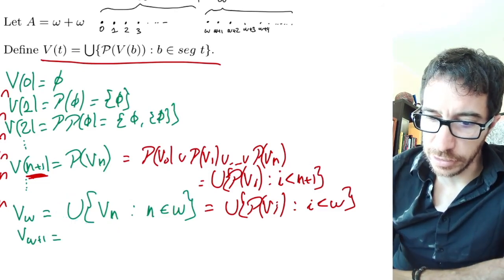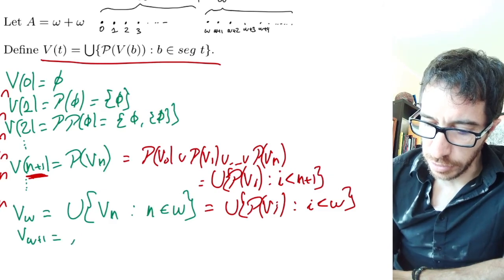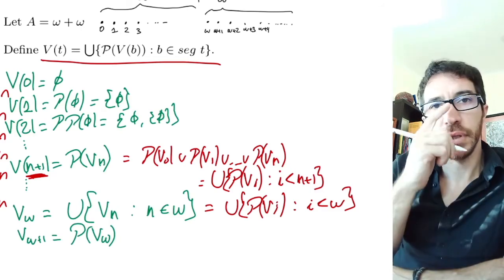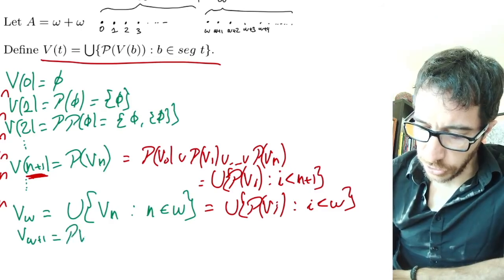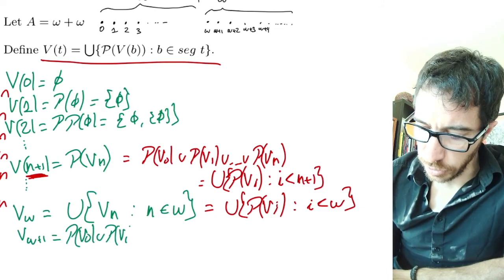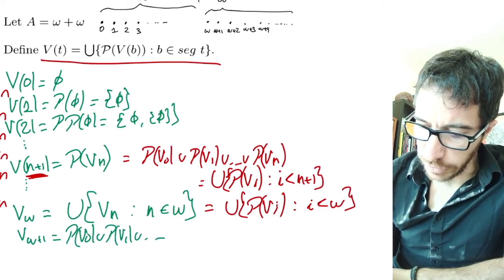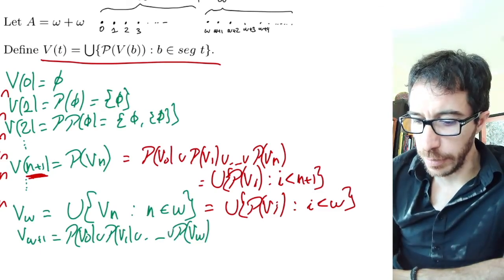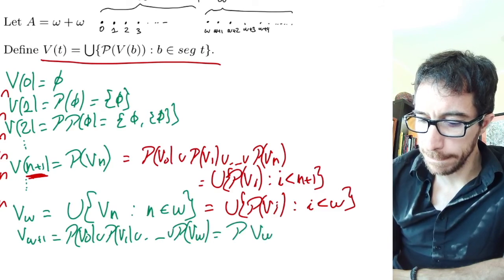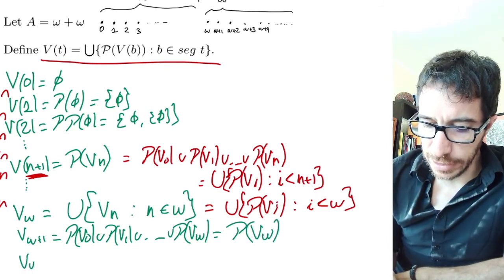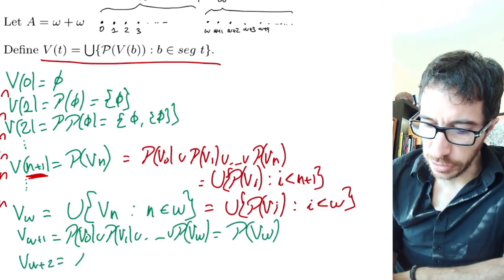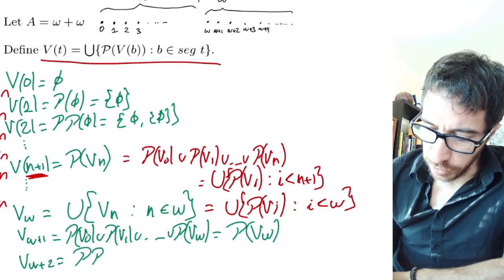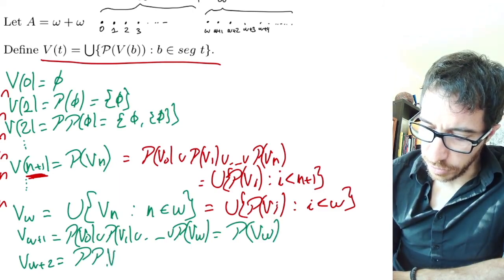So if you apply the definition, we get the power set of V omega. We get the power set of V0 union the power set of V1 union all the way, and then the power set of the last one, V omega, and again they are all nested, so you end up with the power set of V omega. And then again, since they are nested, for V omega plus 2 you get the power set of the power set of V omega.